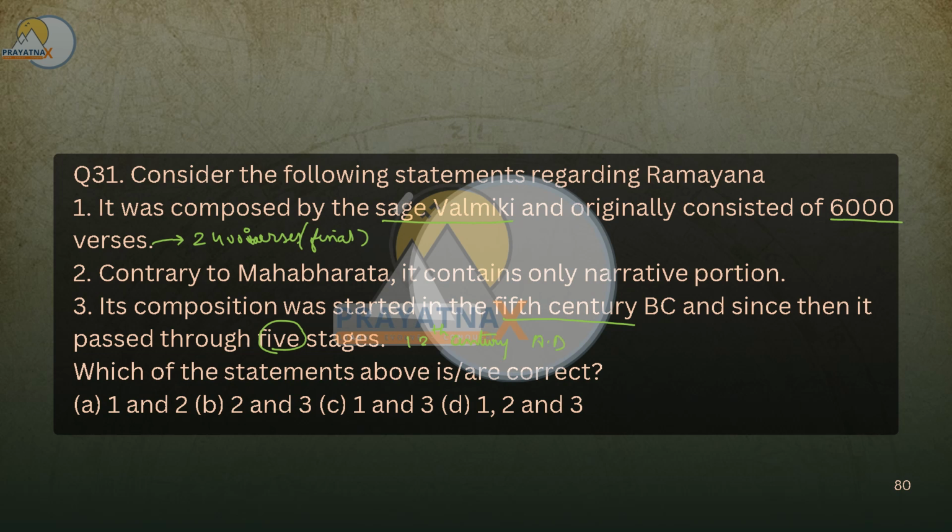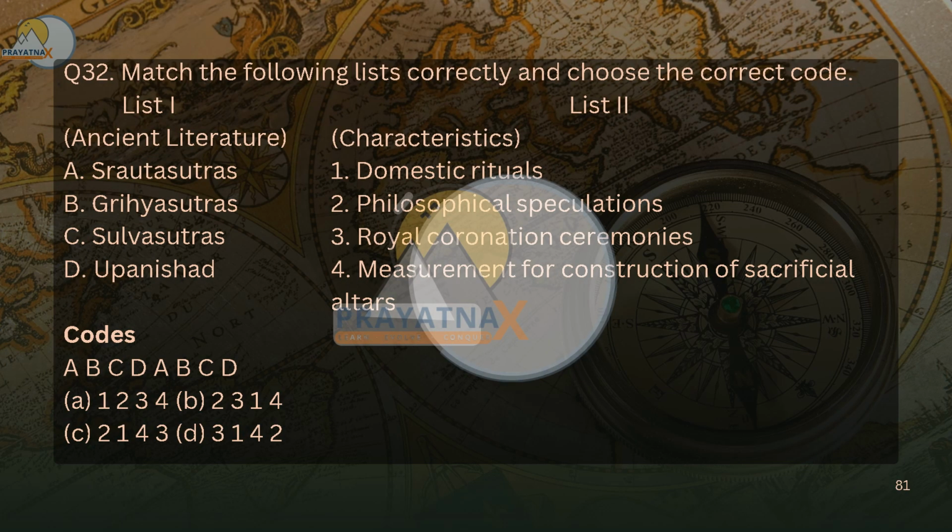So option number 2, contrary to Mahabharata, it contains only narrative portion, is incorrect, as Ramayana also had its own didactic portions which were later added to it. So the correct answer for question number 31 would be option number C, as option number 1 is correct and 3 is correct. Moving on to the next question.